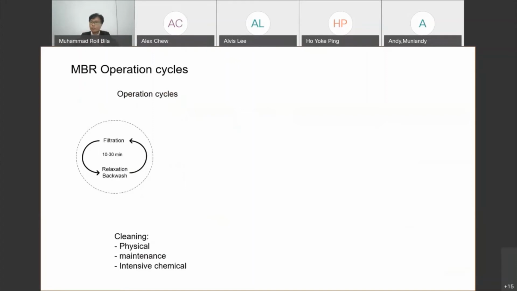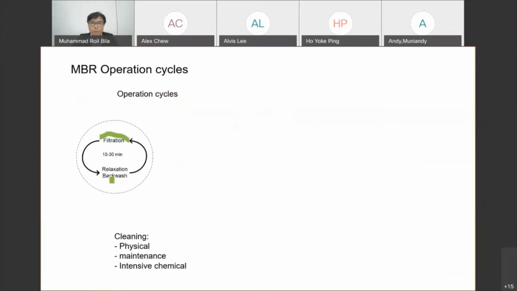To manage fouling, I'll try to speed up a bit. To manage fouling, we have many cycles. We have to run the cycle under what we call a filtration cycle. So we have relaxation and backwashing. The cycle can be about 10 minutes, depending on the company.